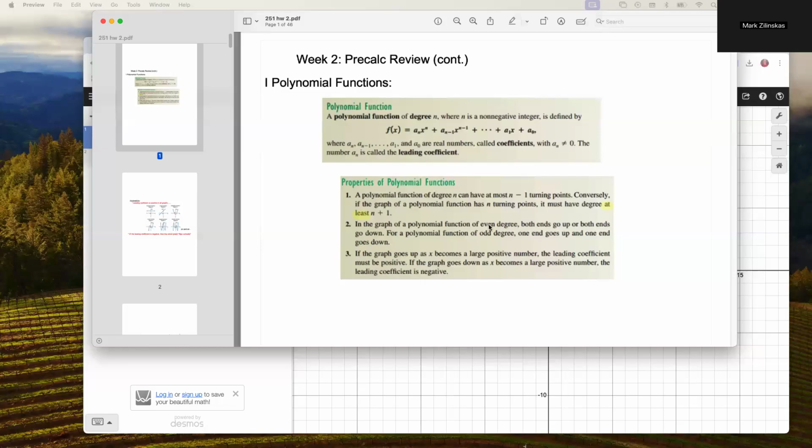So if I have like a fourth degree, a sixth degree, a 10th degree, those are even numbers. And the same thing down here with the odds. It's going to look different, right? It goes up on one end and down on the other. As we go to the positive direction, if the graph goes upwards, then that means that the leading coefficient, or the coefficient of the highest term, must be positive.